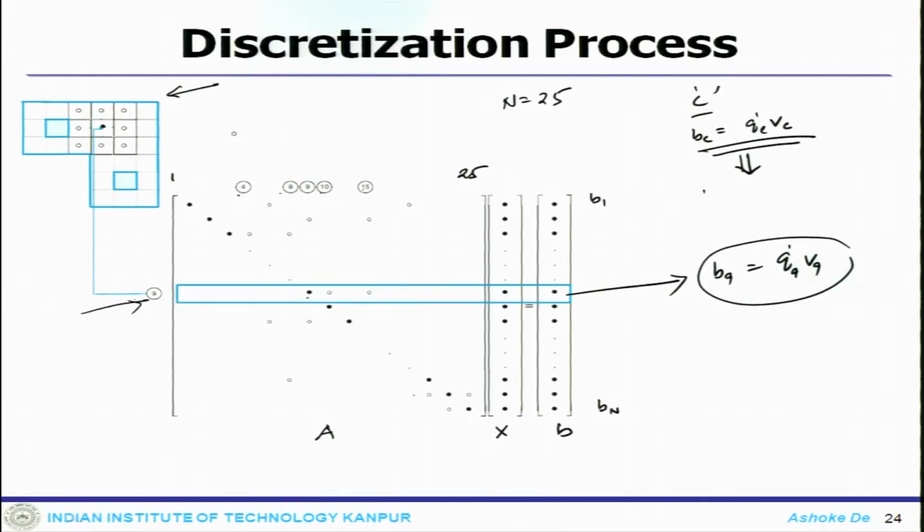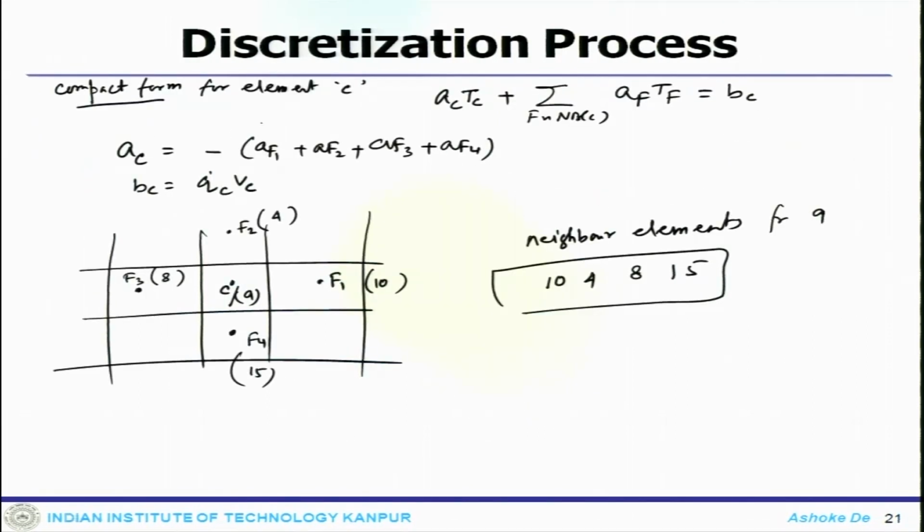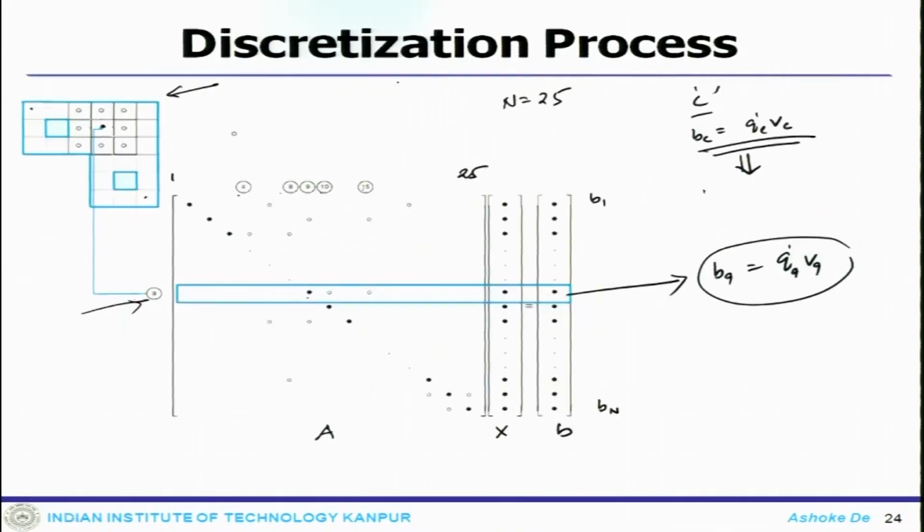And what does this system actually tell you? Once you go over a loop starting from 1 to 25, you get the system of equations which you write for all the elements, you assemble them together and you get this global matrix. Okay. Now, once you get this global matrix, you need to get the solution.